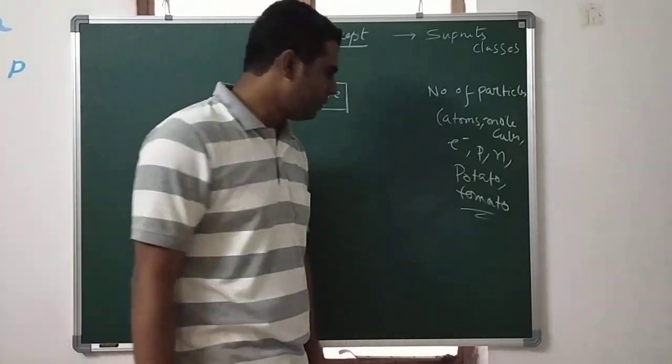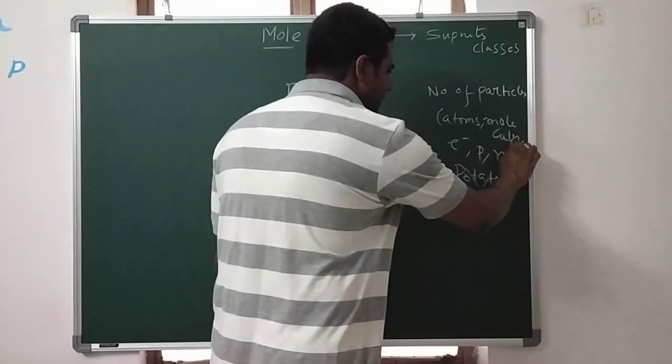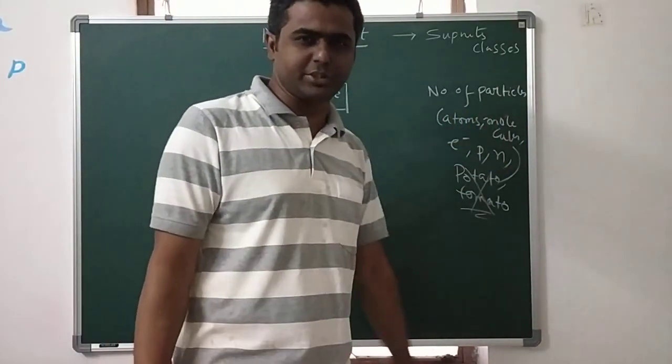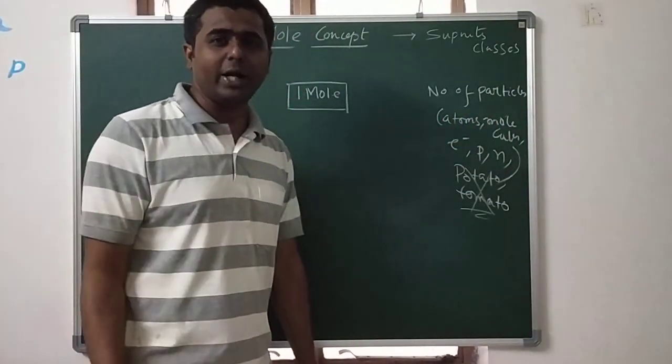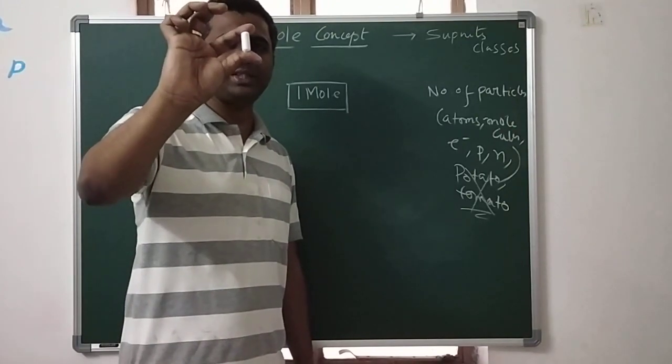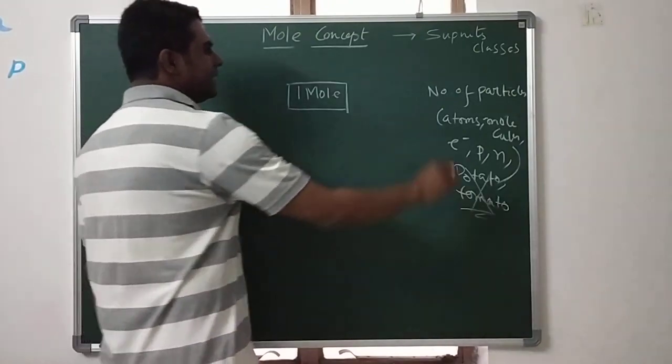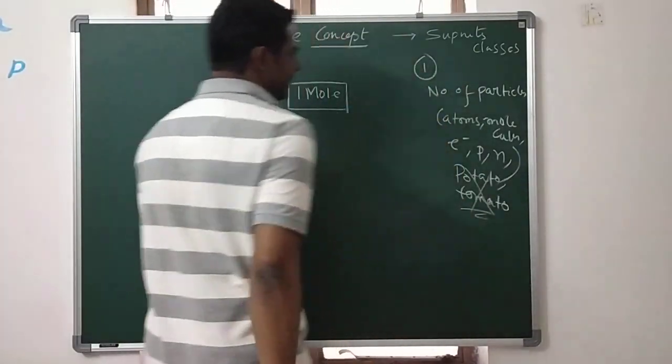I will show you how. Although potato and tomato will not come in chemistry. So if I say 1 mole of chalks, that means there is a certain number of chalks. So number one physical parameter that is important is number of particles.